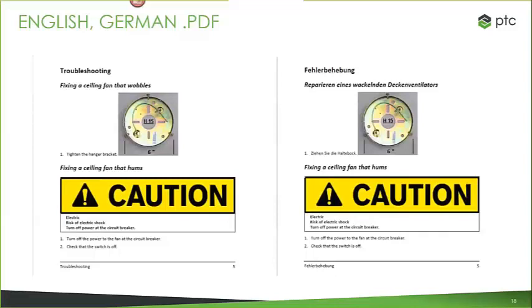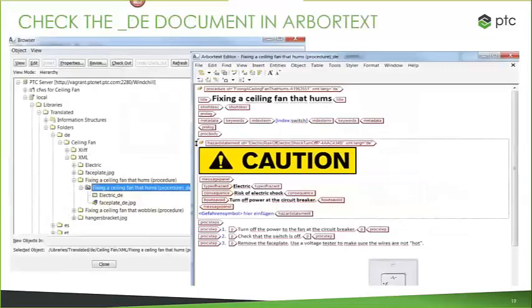And then when I open my German topic, well, yep, sure enough, even though the XML lang shows it as German, and this is the German one, it never got translated by the vendor. So I'm going to have to send this back out to get retranslated and then do a re-import of it.